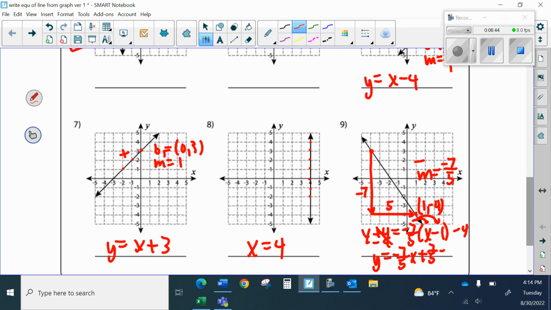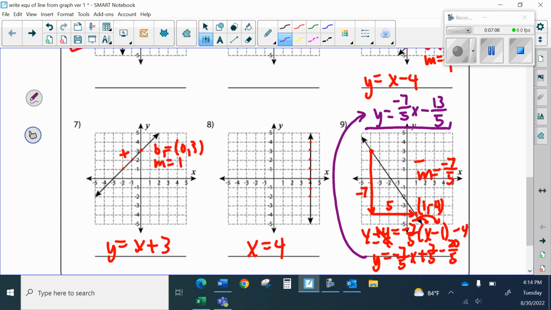And I'm subtracting 4, which in fifths is 5 times 4, 20. Okay, I'm running out of room, so we'll put the final answer up here. So I have y equals -7/5 x, and I have 7/5 minus 20/5 is -13/5.